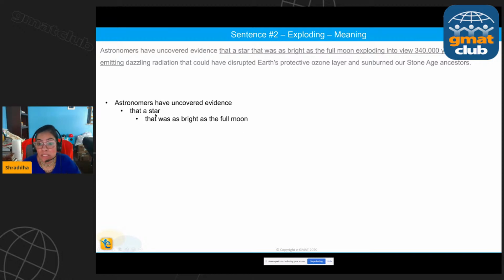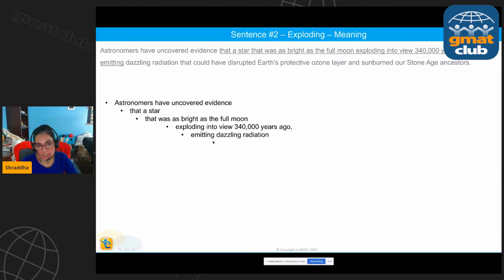Okay, so this star was as bright as the full moon, exploding into view 340,000 years ago. Okay, so now the sentence is telling me that it is the full moon that exploded into view 340,000 years ago. Okay, I'm not very convinced here, but anyway, we will first read the sentence.